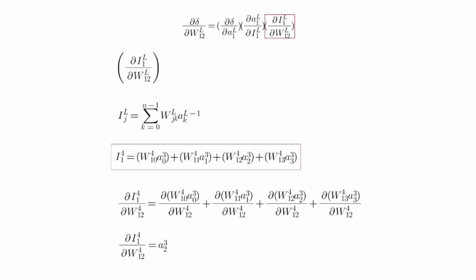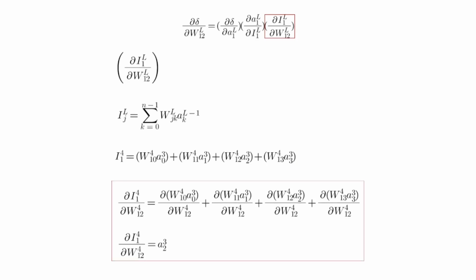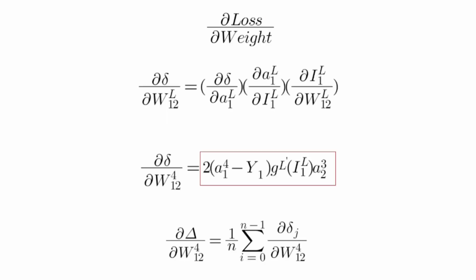Now just like our first term, we'll expand this summation, and for our example we'll get this summation. We will then apply the sum rule to get the derivative of our input with respect to the weight. Now if we visually inspect these derivatives, we'll notice that only one term has our weight in it, meaning the rest of these terms will go to 0 while we are left with a sub 2 as our derivative. Putting all three parts together, we get this value.